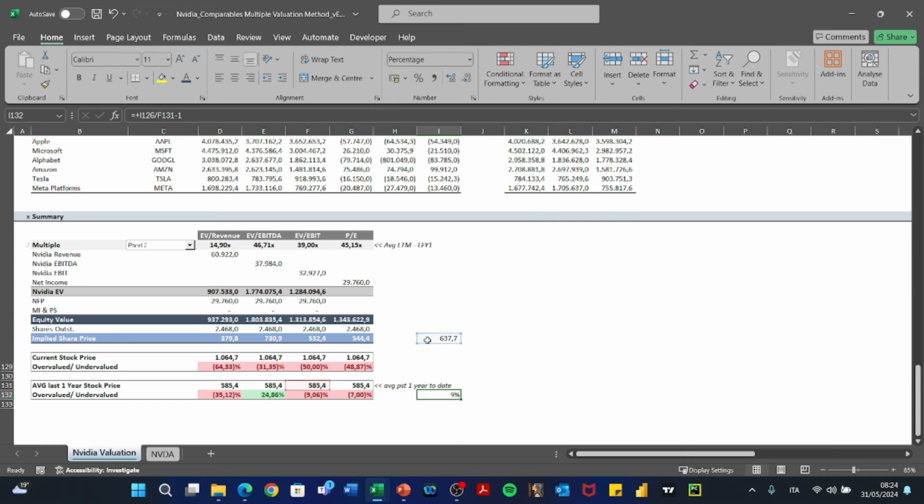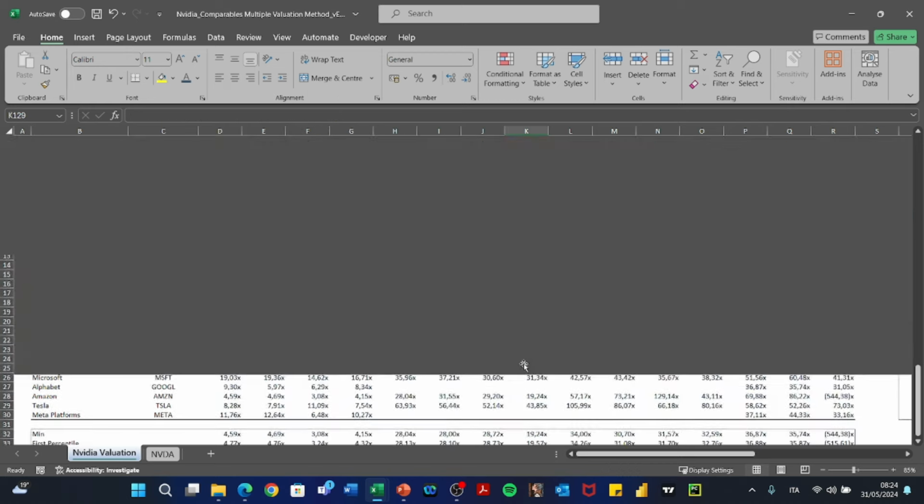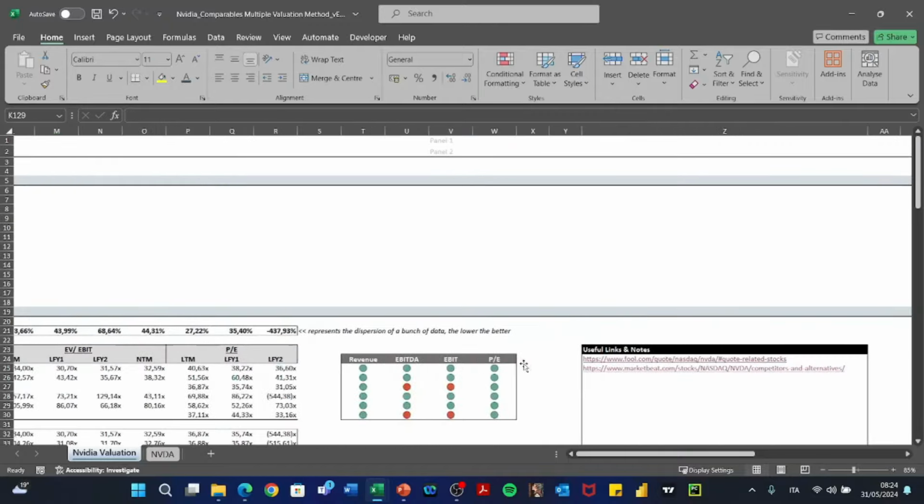In this case, we are more in line. By the way, obviously, you can value Nvidia using an average of, for instance, these two multiples. It's really up to you. Okay, so this is what the final model looks like.